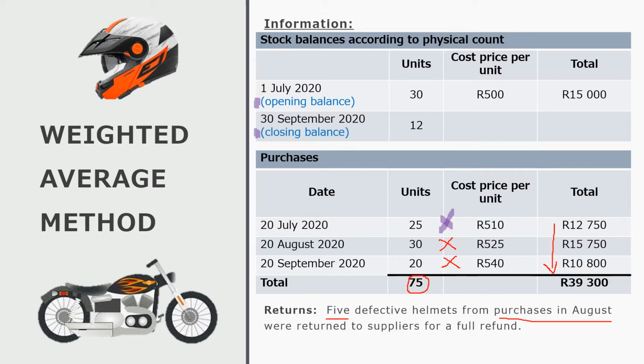This is important information. We need to know that it is from August, because we need to know what the cost price per unit was of these returns that we have sent back to the suppliers. Then we are also told that 85 helmets were sold during this 3 month period, and they were sold at 600 Rand each.